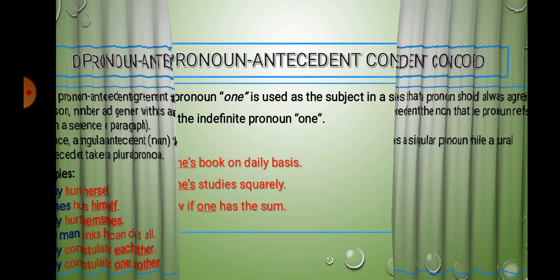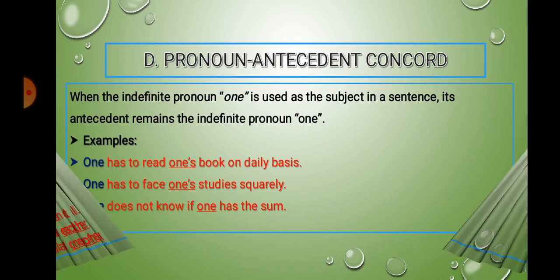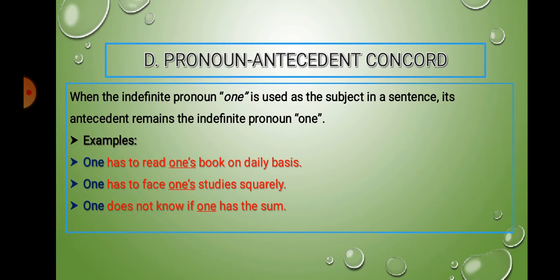Still under pronoun antecedent concord. When the indefinite pronoun one is used as the subject in a sentence, its antecedent remains the indefinite pronoun one. What we are saying here is that you may say, one has to do one's job on time. So you don't need to say one has to do his job.